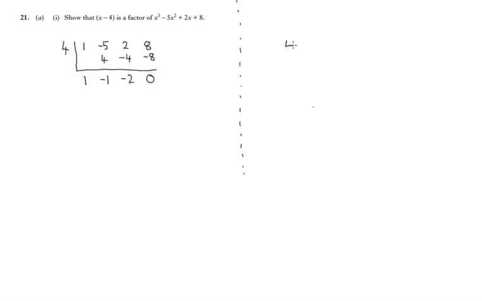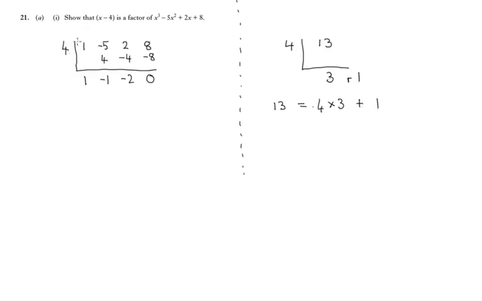Let's compare this with a numerical example where we divide, say, 5 into 13, and we know it goes 3 times, 3 fours are 12, with a remainder of 1. So what can we say about 13? We can say that 13 is 4 times 3 plus 1.